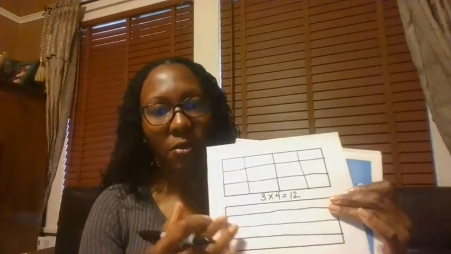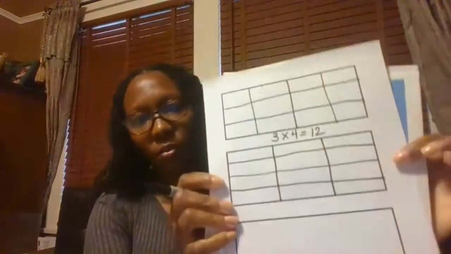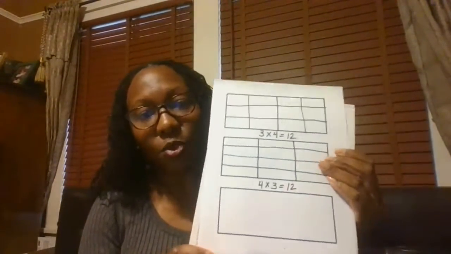Partition it there. So I see my 4 rows coming in. Now I'll work on my 3 columns. Like so. And then we also have 4 times 3 equals 12.